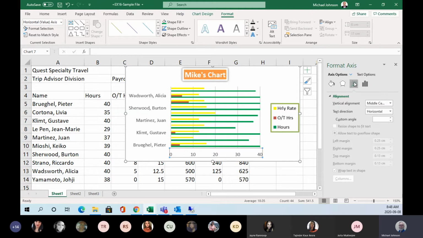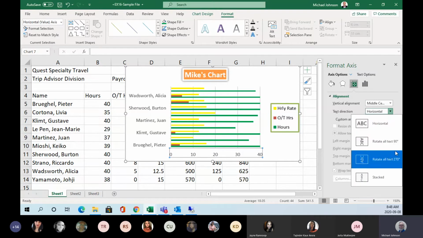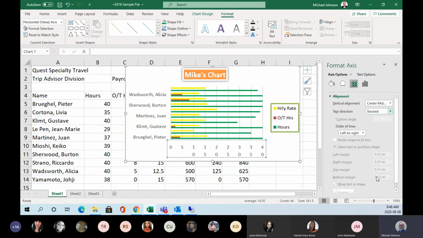And again, I can click here. And this one allows me to format even further the vertical axes and also the text direction. Maybe I don't want a horizontal. Maybe what I want is it to be stacked. Okay, so now it's stacking it. Instead of 10, it's 1 with a 0 underneath.